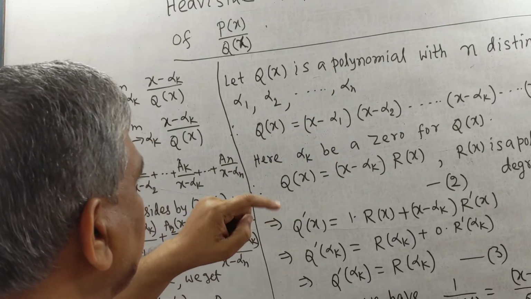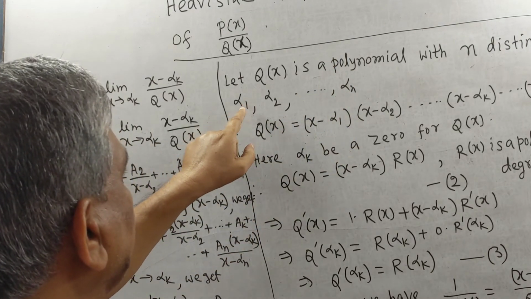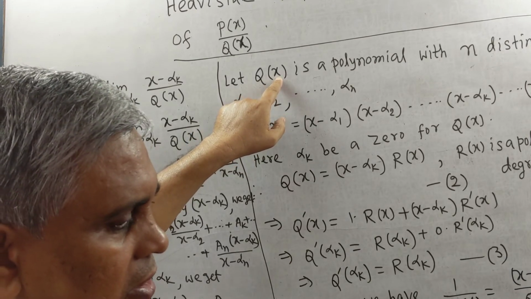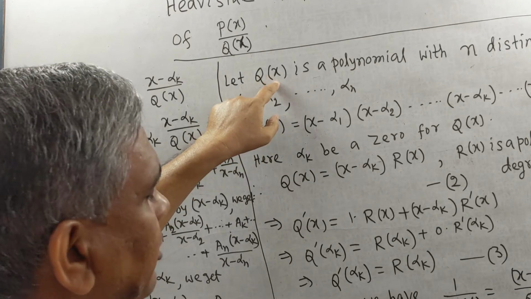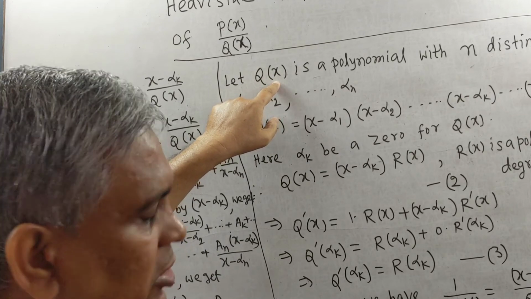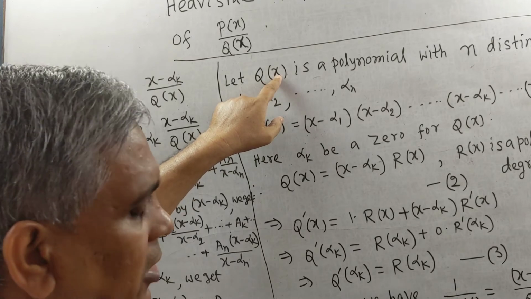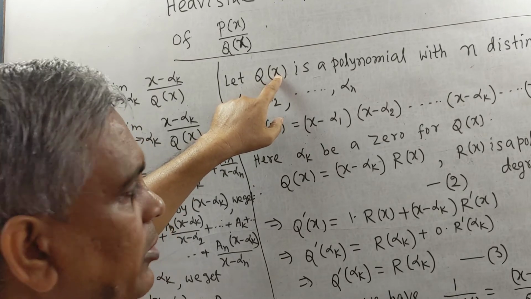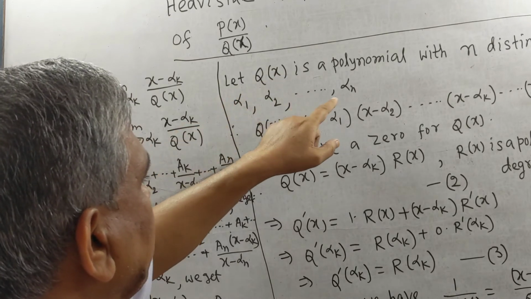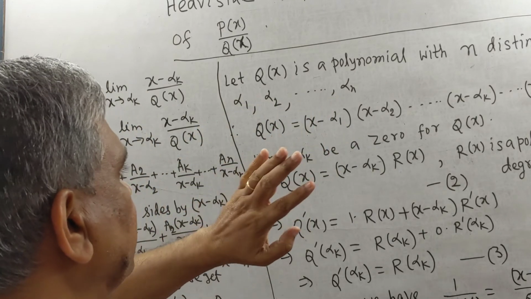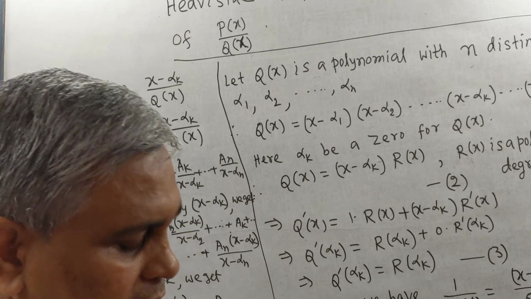That means if we put alpha 1 in place of x, q alpha 1 will give value 0. Similarly, if we put alpha 2 in place of x, q alpha 2 will give 0, and similarly all others. So this is the property of zeros of a polynomial.